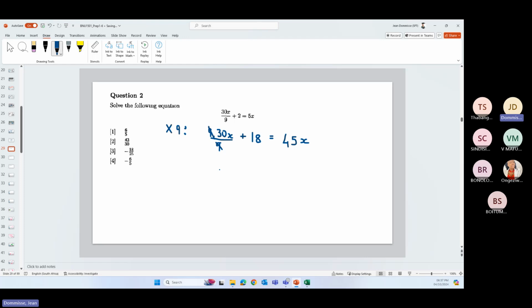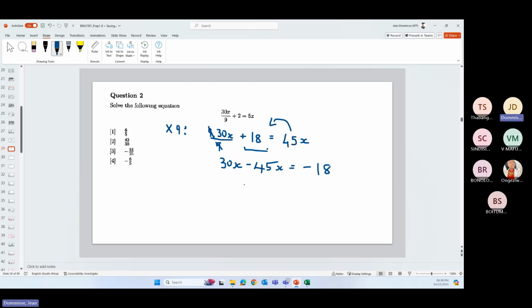Okay, so this is fine, we can work that out. So 30x is on my left hand side, so I take the 45x to the left hand side, so that becomes negative. And then I take my 18 to the right hand side, so that also becomes negative.